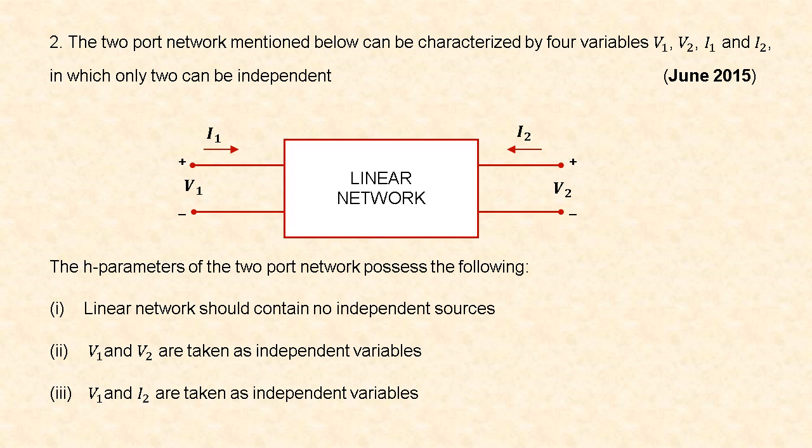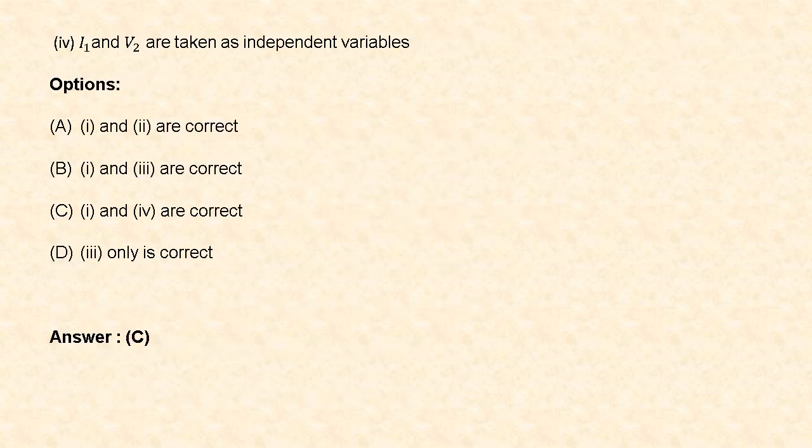V1 and I2 are taken as independent variables. And I1 and V2 are taken as independent variables. The options given are 1 and 2 are correct, 1 and 3 are correct, 1 and 4 are correct, and 3 only is correct. We know that for a two-port network, inside the linear box, there should not be any independent source. And also for H parameters, I1 and V2 are taken as independent variables. Hence C is correct.